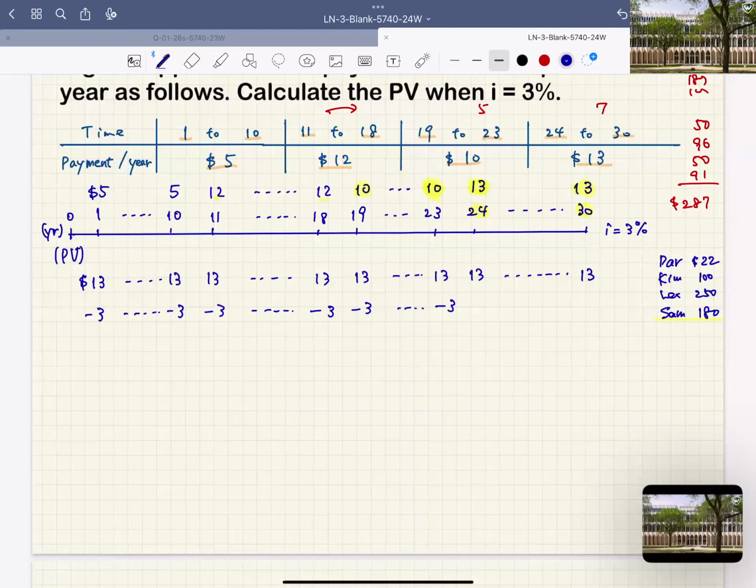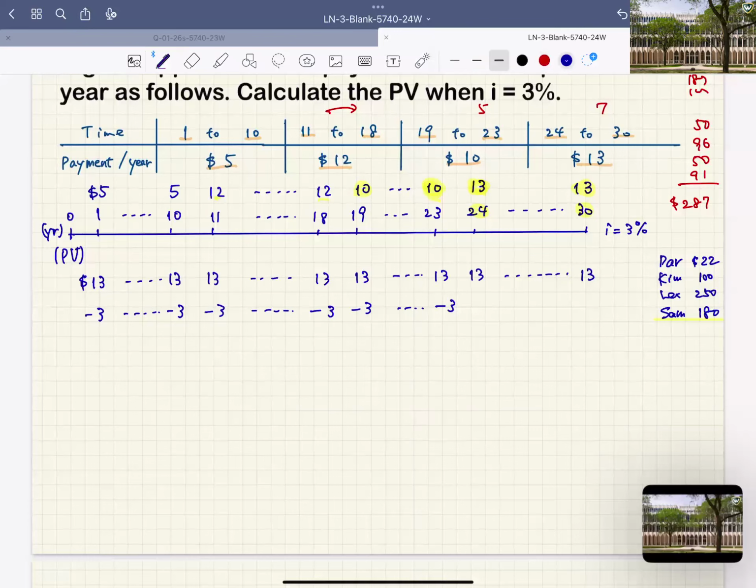Okay. So that is usual annuity immediate, right? So the first cash flow, so the 30 payments of $13. So this is the simple annuity immediate. And the next one, also we have negative sign. Still, this is the annuity immediate for 23 years. So it's easy to calculate the present value.